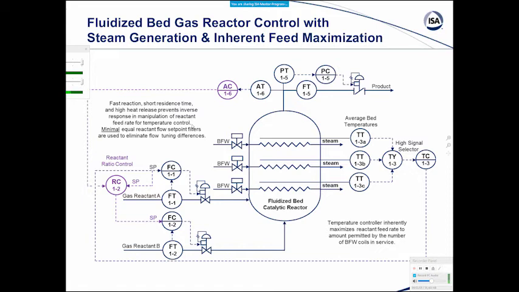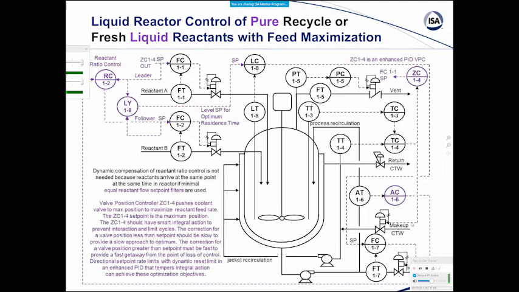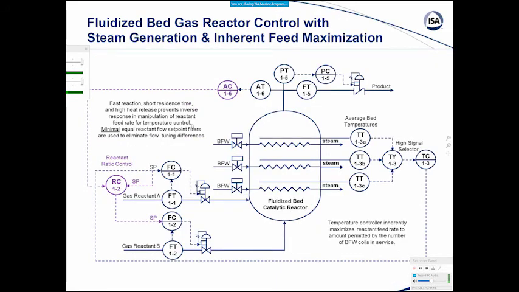That is something that has been said, oh, you never want to do this, but they're really talking about the last case or vessels where you have liquid reactants going on, and normally you don't want to have temperature manipulating reactants there, because typically, if it's an exothermic reaction, the operating temperature is higher than the feed temperature, as you want to increase the reaction rate and increase the amount of heat release, and you increase the reactant flow, because it's cold, it's going to cause a drop in temperature.